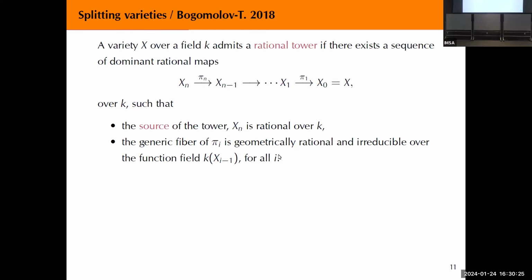So that motivated Bogomolov and myself to look at splitting varieties.